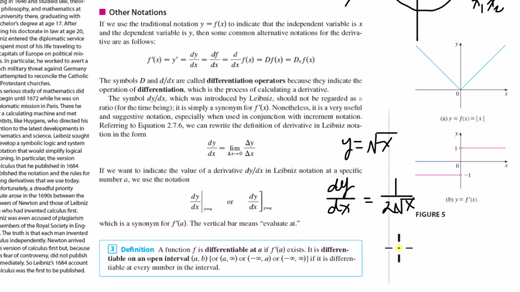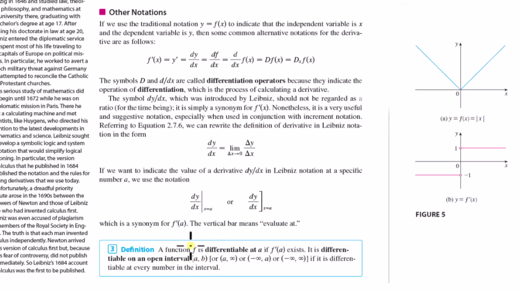Well, the correct notation would have been to specify it this way. So dy over dx evaluated at x is equal to 4. Or you can make it like a bracket. Either of these forms here. That just means that the bar here, or the bracket, means evaluated at. So dy over dx evaluated at x is equal to a.